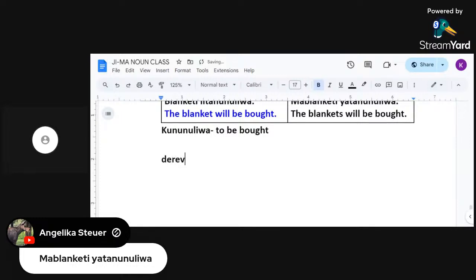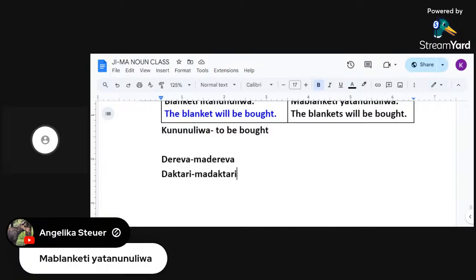So we have other words. Maybe if you're studying Swahili, you might have encountered words like this: dereva, daktari. The plural of dereva is madereva. Daktari is madaktari. Normally, these words are supposed to fall into Jima class because of the characteristics that we read about the Jima noun class.